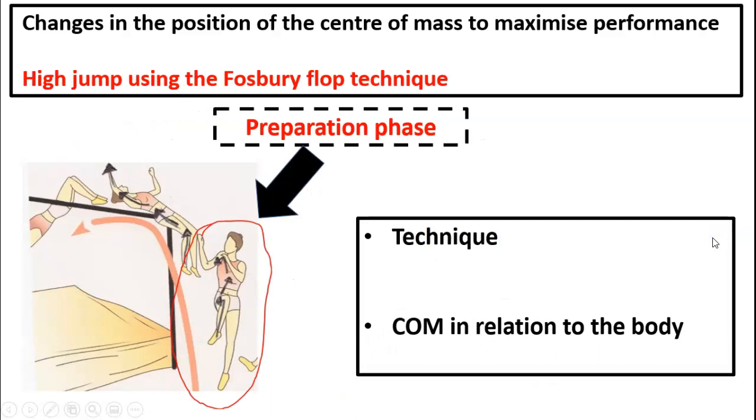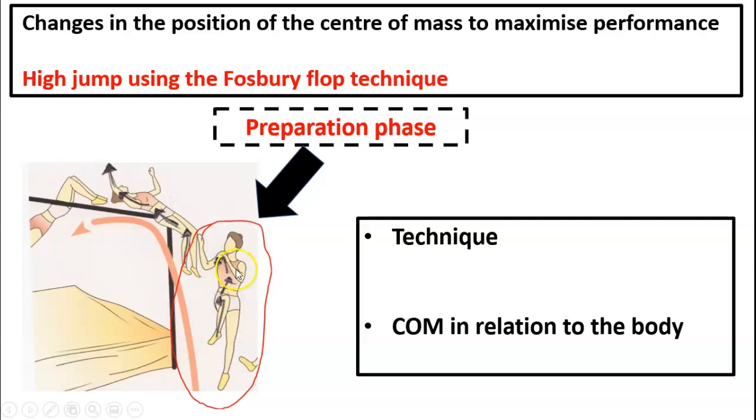So start point then. If we have a look at the preparation phase of the Fosbury flop for high jump, I just wanted you to have a think. If we compare it to rest, there's not much in terms of technique you can talk about, but what you will notice, when they get to this point and they're just about to take off, so the preparation to take off, their arms rise.